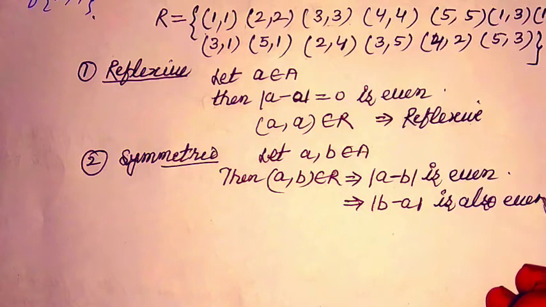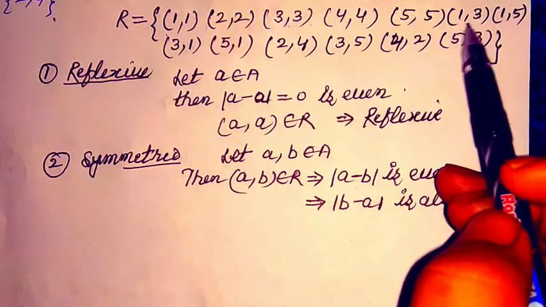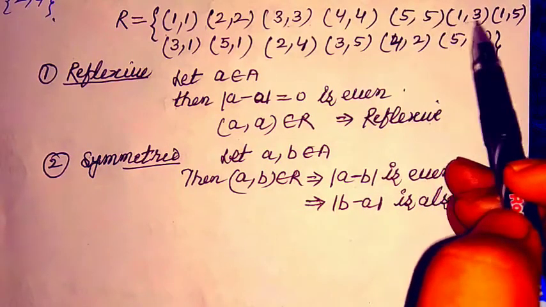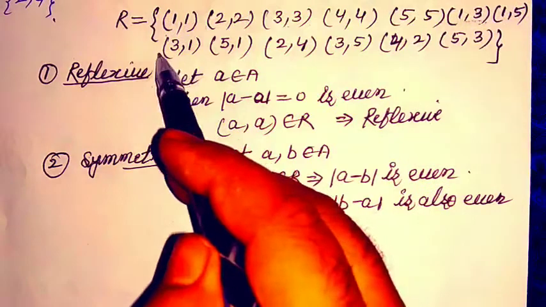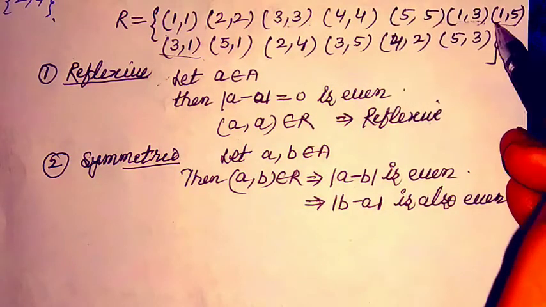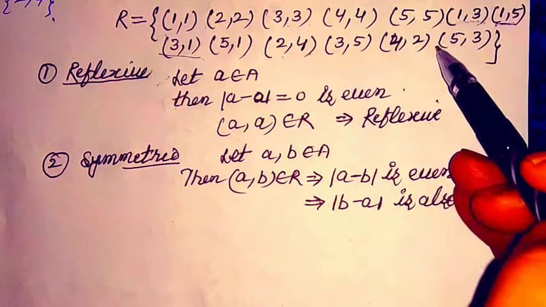Why? Because earlier we did it: if 1 minus 3, we see in the relation (1, 3) and (3, 1), (5, 1), (1, 5) you can see here, (2, 4), (4, 2).